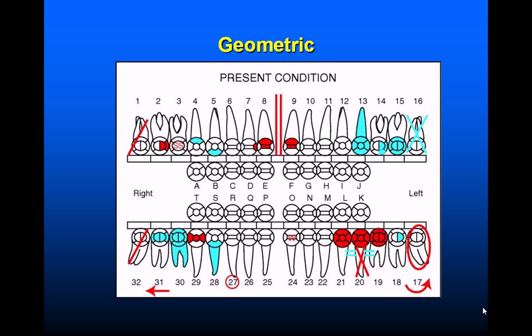Here's an example of a geometric tooth chart. Geometric refers to the shapes. We have circles and rectangles. If you notice, these don't really look like teeth, they're just shapes representing the crowns of the teeth.